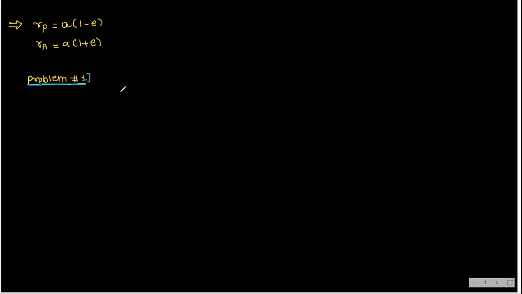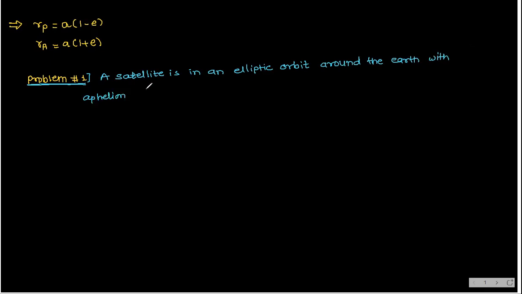A satellite is in an elliptical orbit around the earth with aphelion of 6R and perihelion.